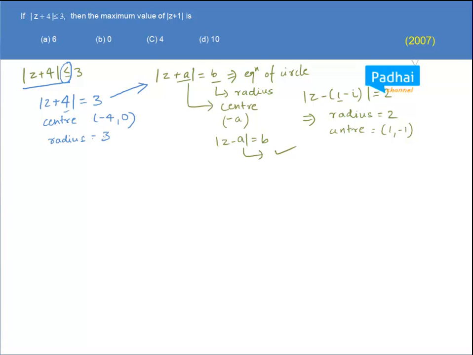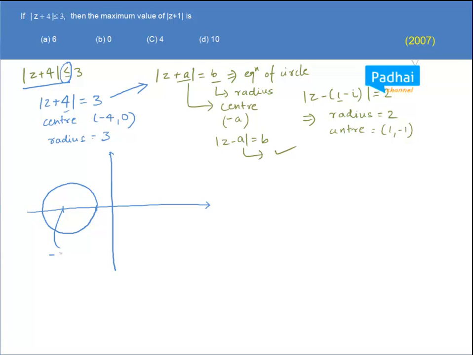Now let's draw the circle. This is my imaginary axis and this is my real axis. The center is (-4, 0), it will be somewhere here, and the radius is 3, so the most extreme point on the right will be (-1, 0). If I draw the circle, this will be the circle.